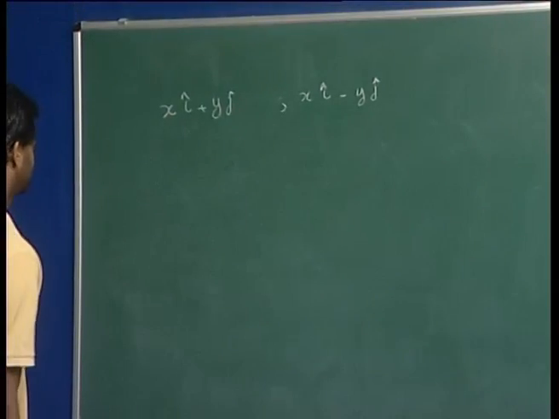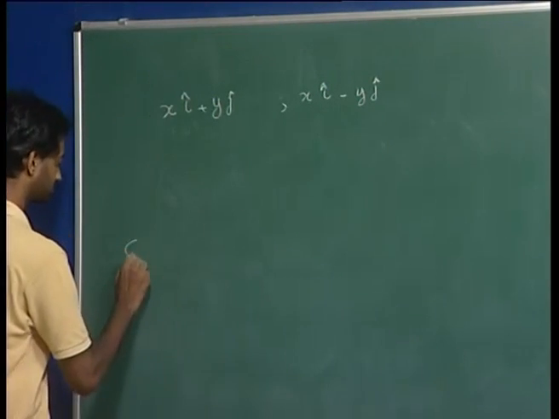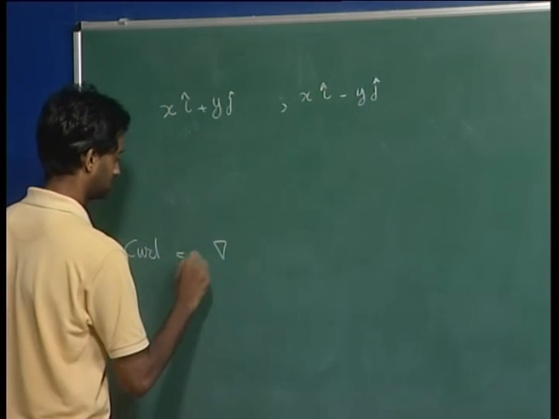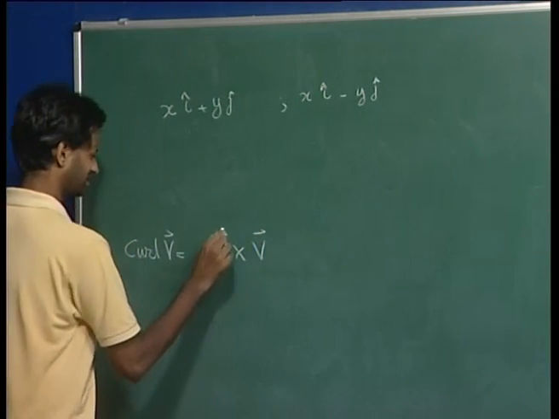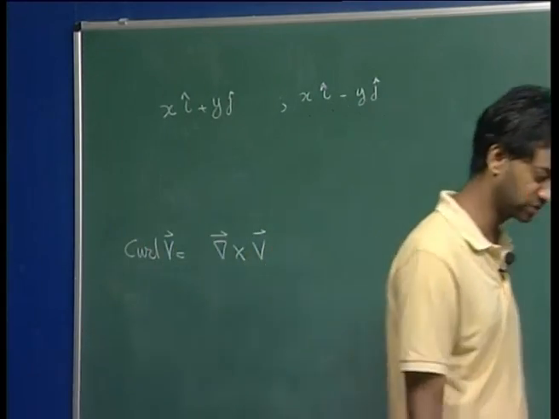And now the curl, curl of V equal to del cross V. Since it is a cross product operation, it is unique to 3 dimensions.